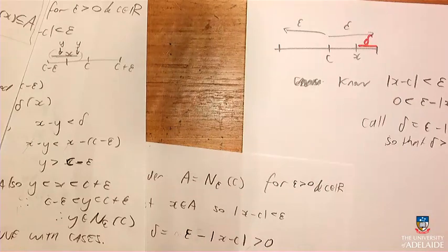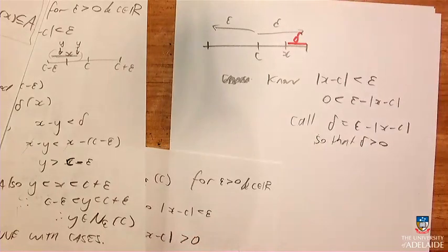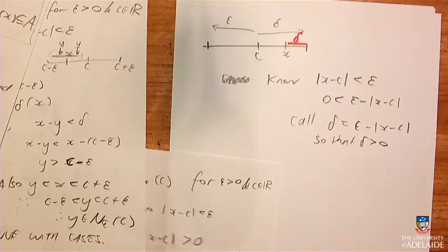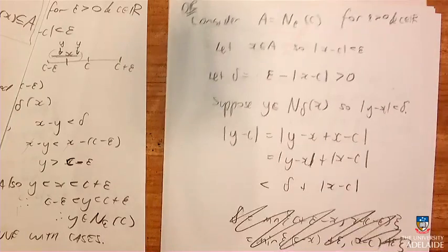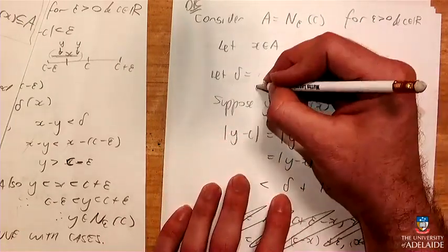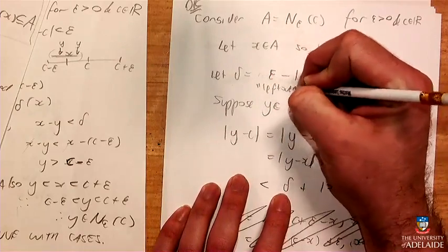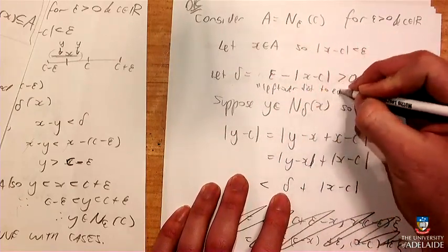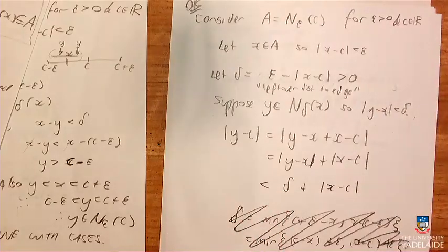And whichever side you're on, it doesn't matter, because you've just said it's the gap between epsilon and the distance between x and c. So it works out no matter which side you're on. And that's so nice. We can do this proof now, if we can remember to just define it to be the leftover distance, the distance to the edge. Then we can do it without doing cases.